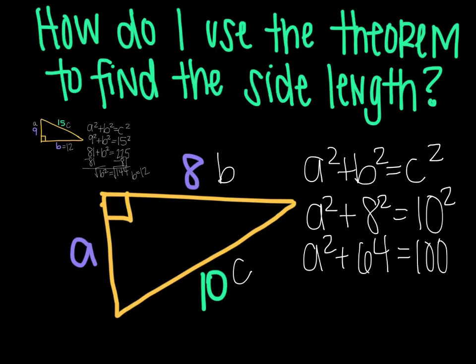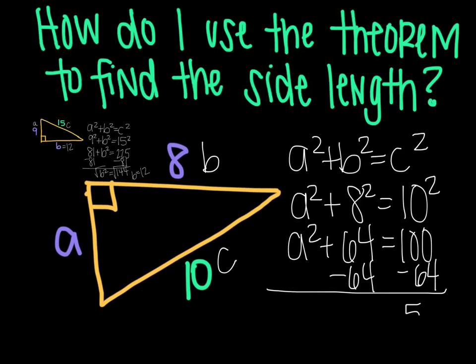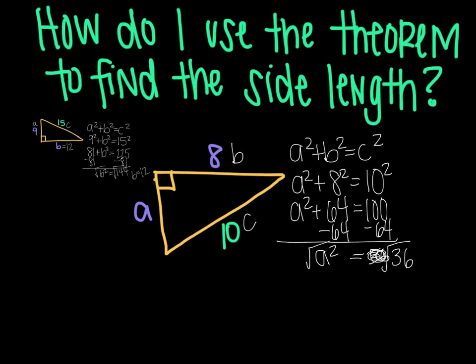We need to get the variable by itself, so subtract 64 on both sides, and we get 36. 36 equals a squared, and then we square root, and then we have a equaling 6. And that makes sense.